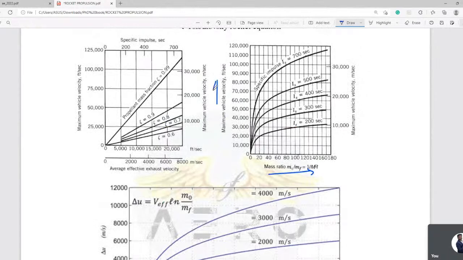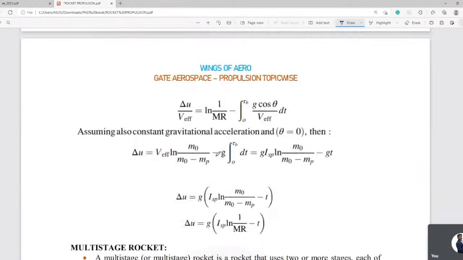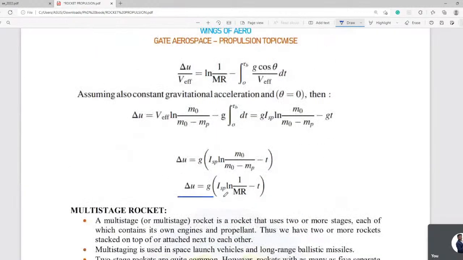Try to understand these parameters and relate them with the mass fractions. Then we have the formula considering constant gravitational acceleration, as opposed to zero gravitational force.